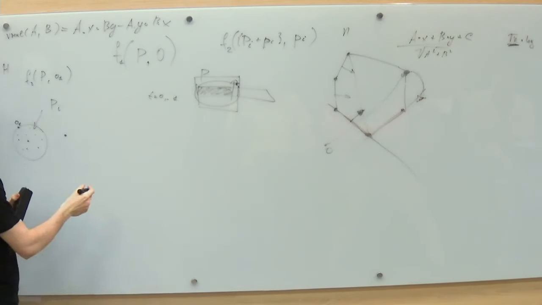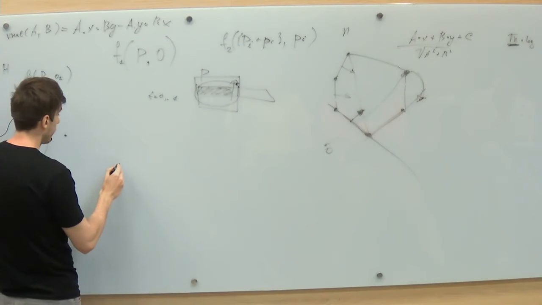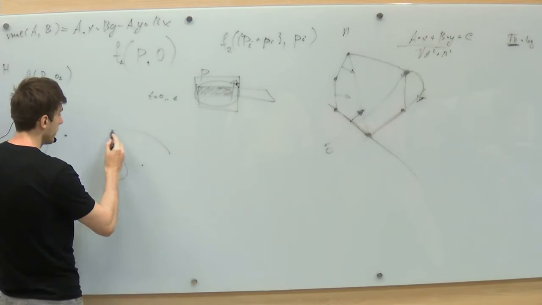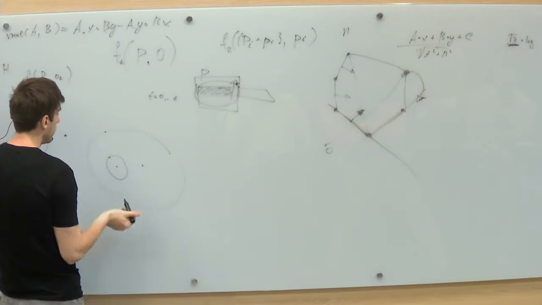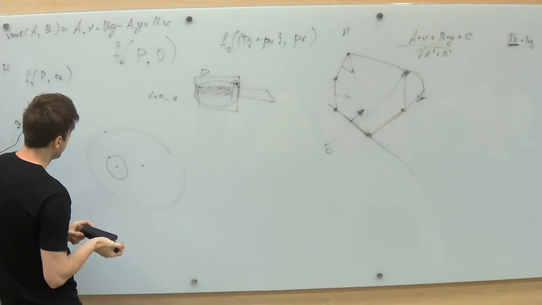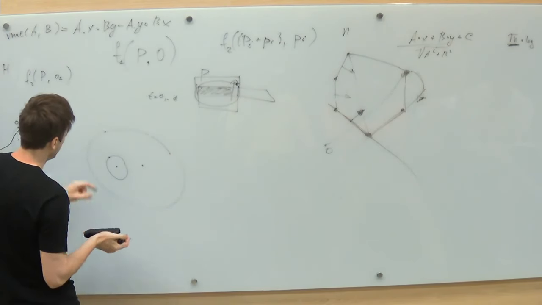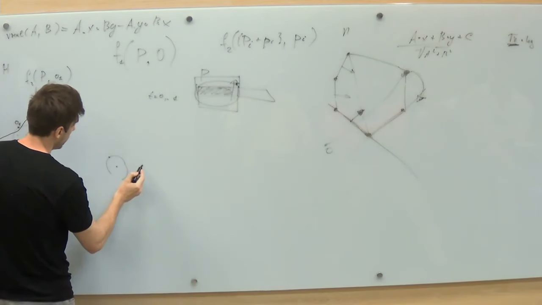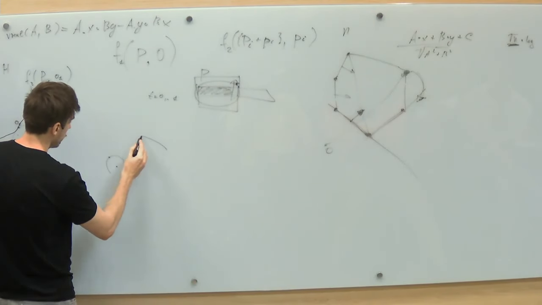So here we will use the same proof. We have one circle with a fixed point, and another circle with a fixed point.